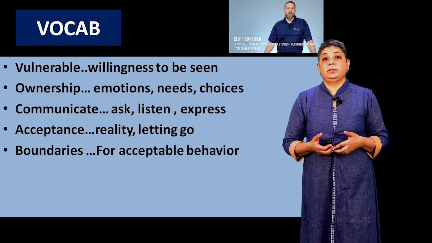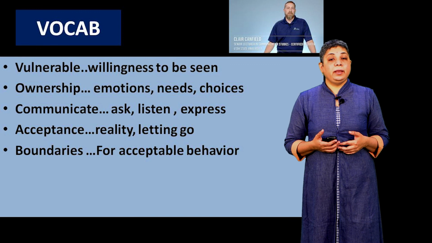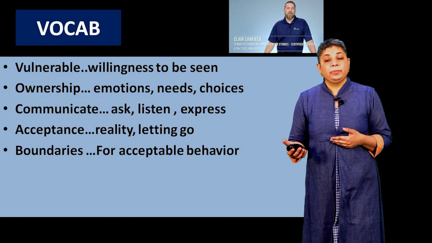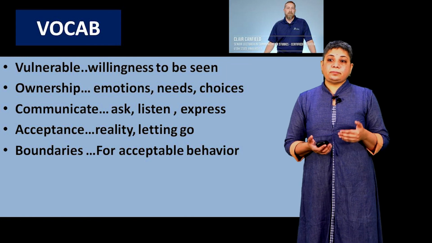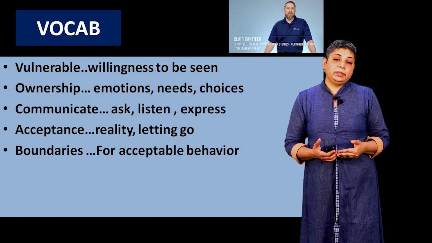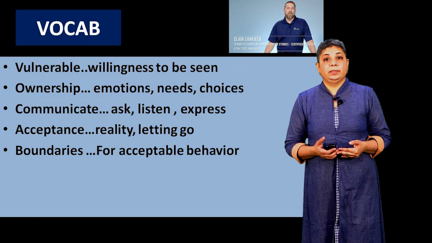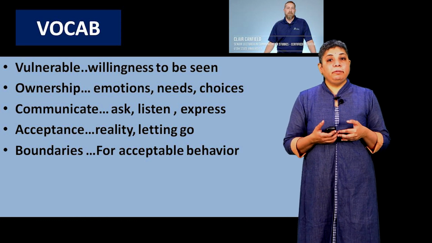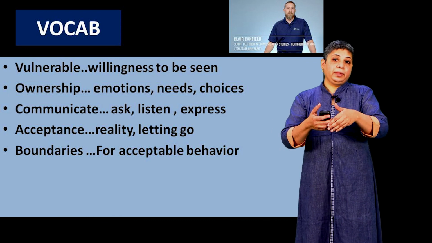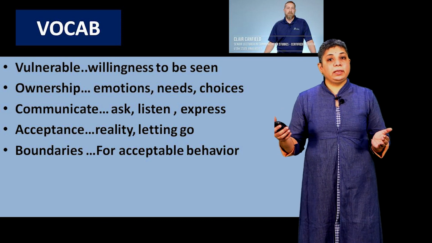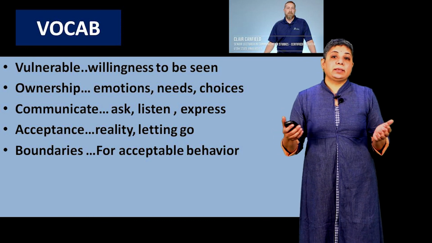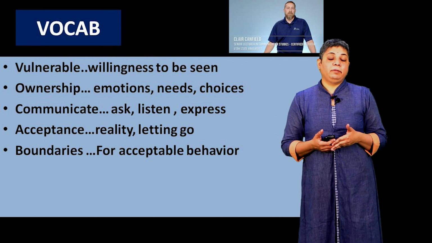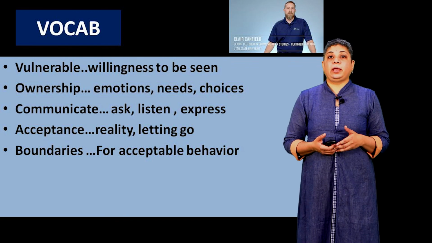Then to accept reality and to let go of things that are beyond your control, and to set boundaries for acceptable behavior, so that there is a mitigation of conflict within that boundary. And once it is beyond that boundary, everybody knows that it is unacceptable. So again, that will also mitigate a lot of conflicts. So this is one tool, the VOCAB tool.